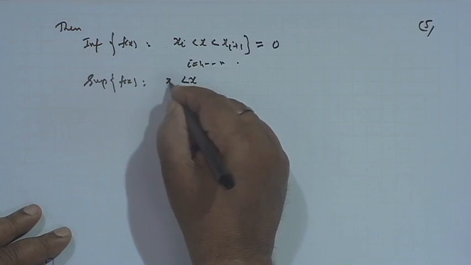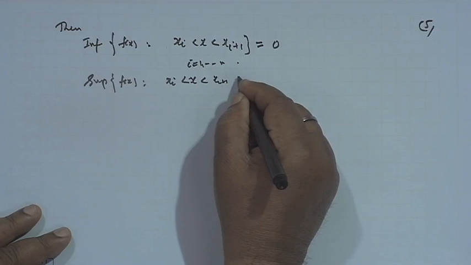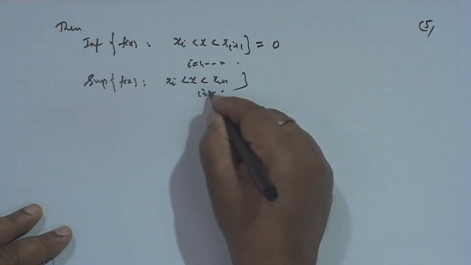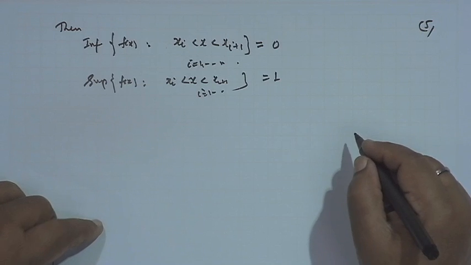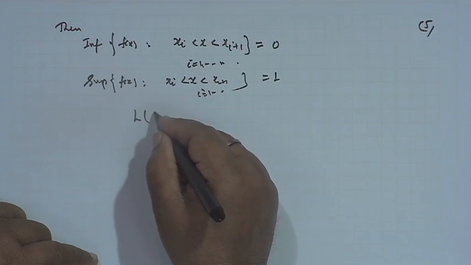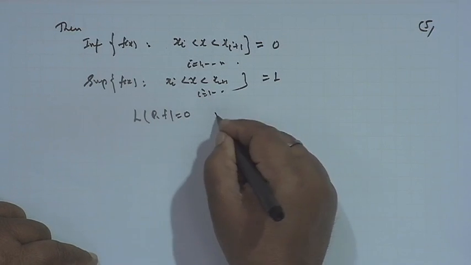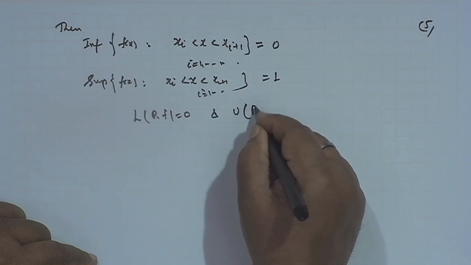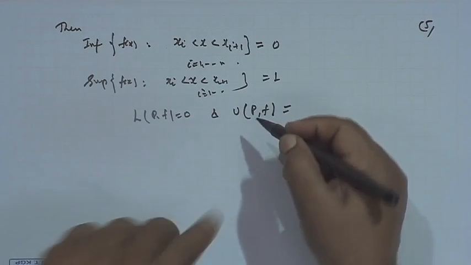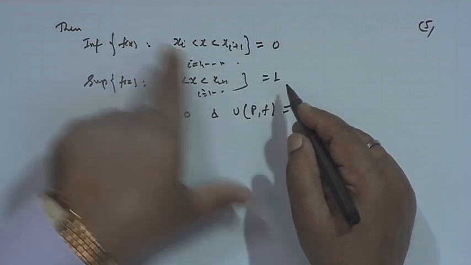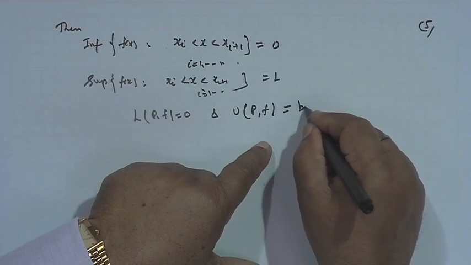Therefore, the lower sum of the function will be 0 and the upper sum of the function over the partition P will be equal to what? The maximum value will be 1, and the total length of the interval is b minus a. So, it will be b minus a.